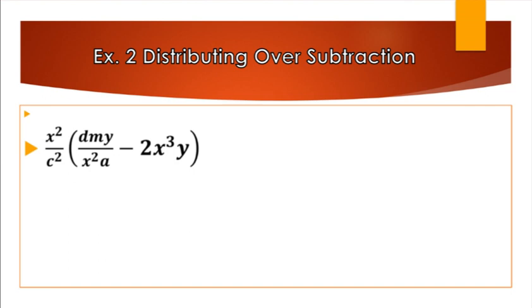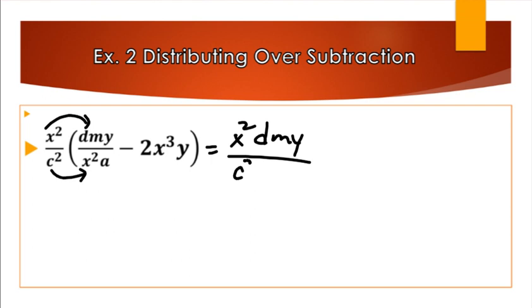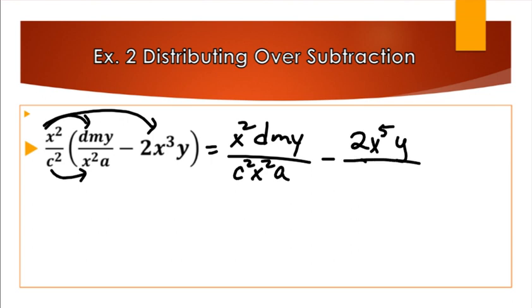Next one here, x times dmy is x squared dmy over c times x squared a, which is c x squared a, minus x squared times 2x cubed y would be 2x to the fifth y over c squared, since it's over 1 it's just c squared.